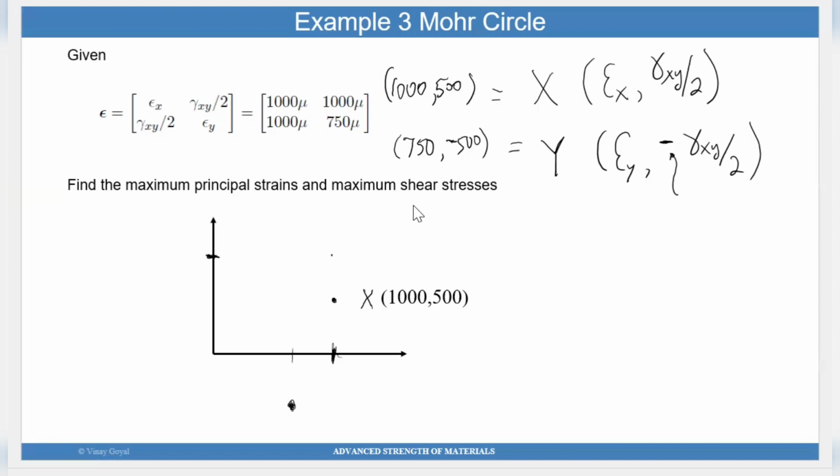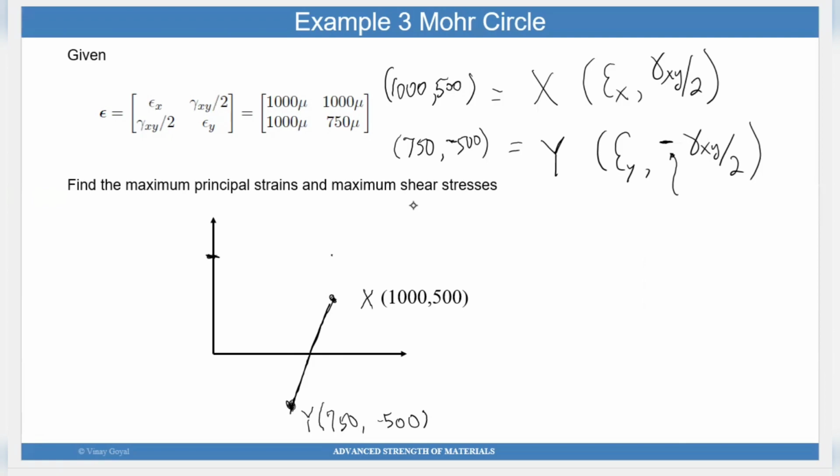Okay, so that's the first step, and then you draw a line. This point here, Y, is 750, minus 500. So that's your X and that's your Y. I'll remove these little lines so that they don't bother us. But that's how you draw the line X and Y.